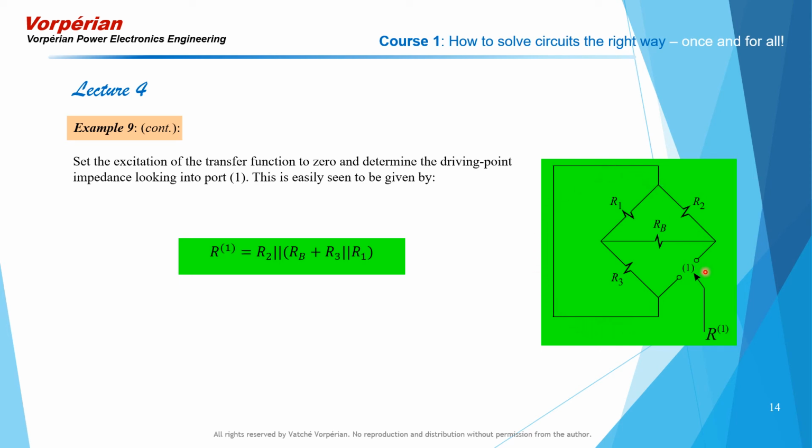So looking into R1 means you're looking into R2, and looking into R2 this way, you see R2 in parallel with R3 parallel R1. There it is. R3 is in parallel with R1 plus RB. That's for Roman R1.